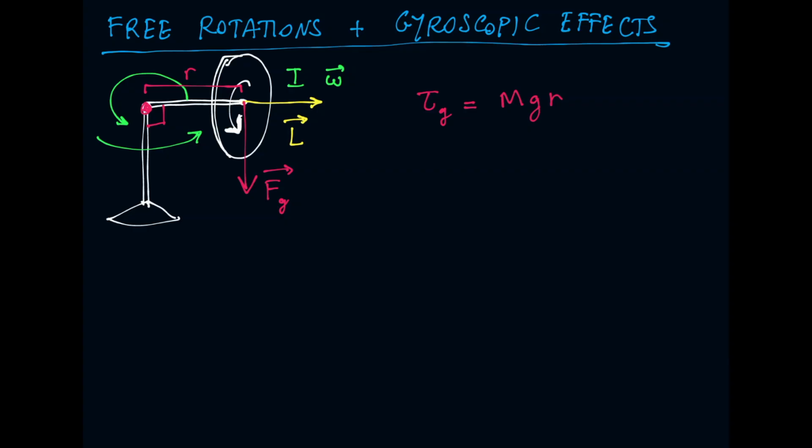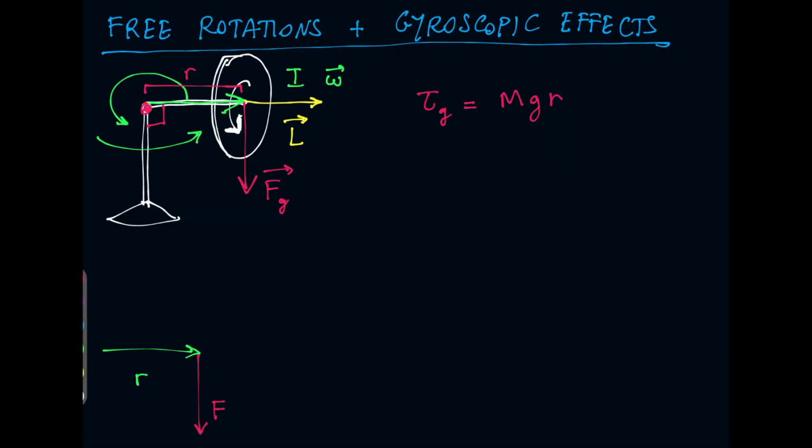Now, how is this torque directed? You can use your right-hand rule skills to say that this is the lever arm vector. Let's draw it here to sort of remove all the noise. This is the force.